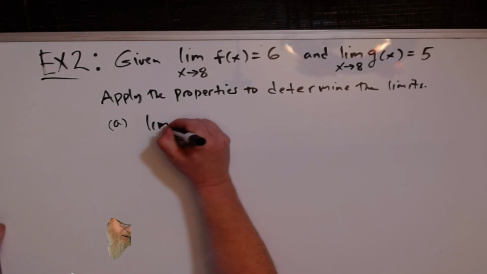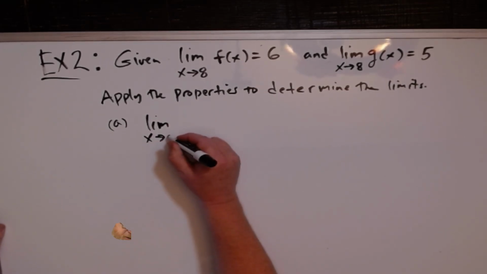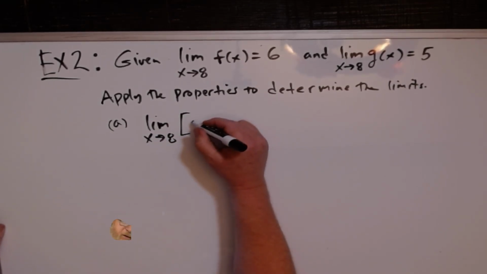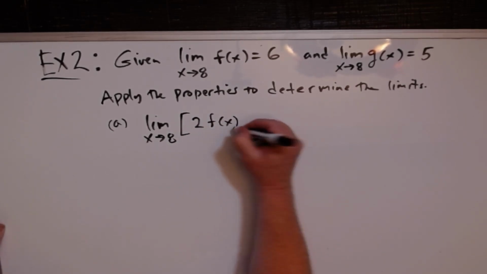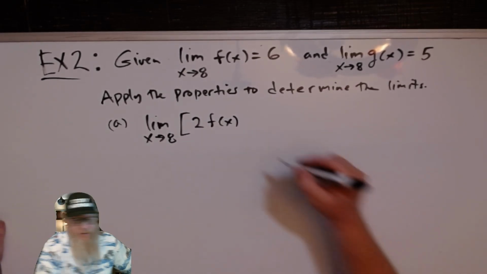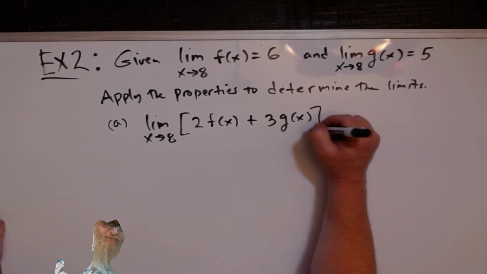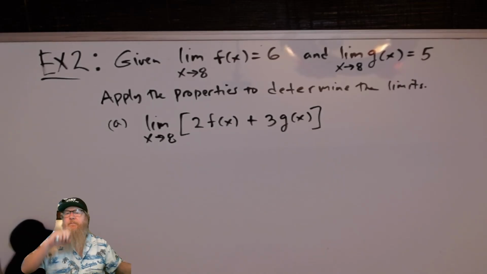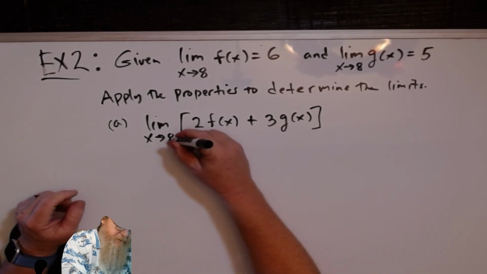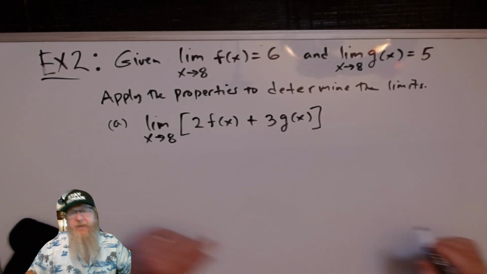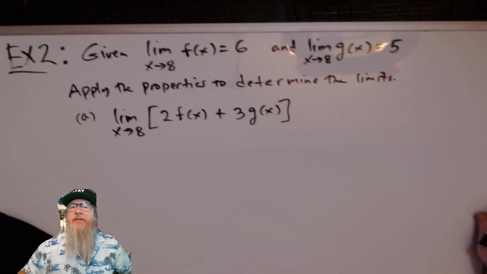All right, so how about the limit as x approaches 8 of 2 f of x plus 3 g of x? Now, when I first learned this, I thought, oh man, really? That's calculus?